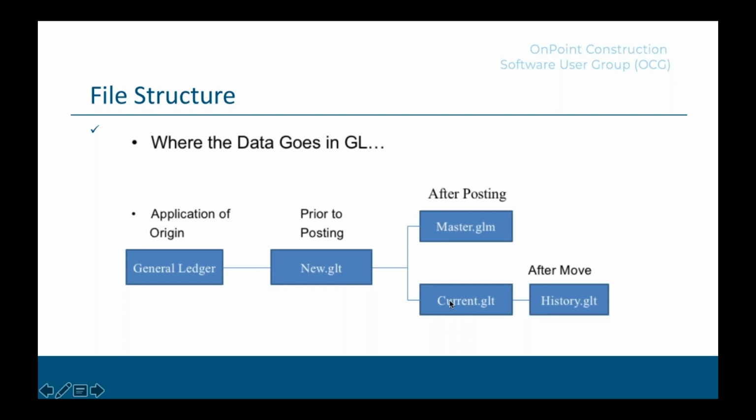So the transaction sits here, but it also has to update the master file with the numbers that you just gave it. And when it gets into a past year and you don't really need it in your current file anymore, you move it to the history GLT. Everything that you do in General Ledger doesn't talk to other modules, so that's a pretty simple and straightforward scenario.